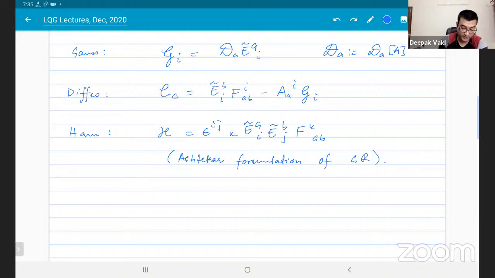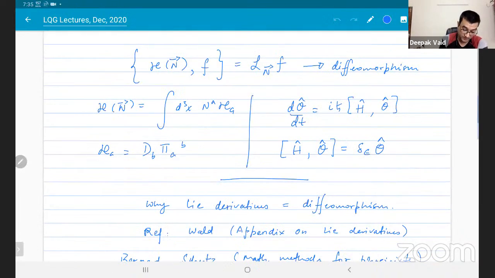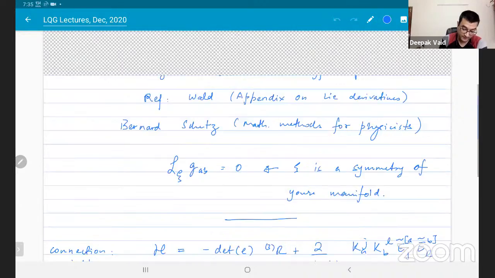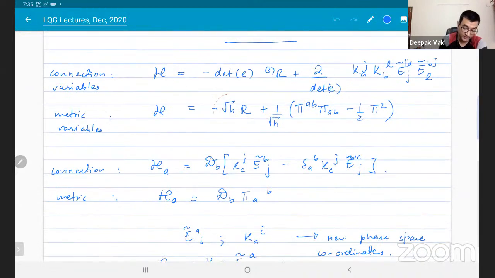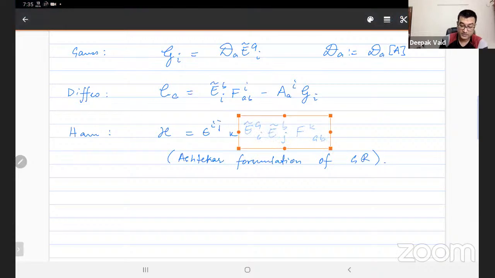And the biggest simplification has come in the form of the Hamiltonian constraint. Now this Hamiltonian constraint doesn't have any dependence on the inverse; before, you see there were factors of 1 by h and all that. Those factors have gone away, and you are left with something that is polynomial in these densitized co-triads.